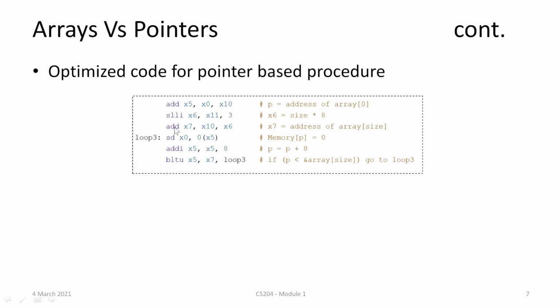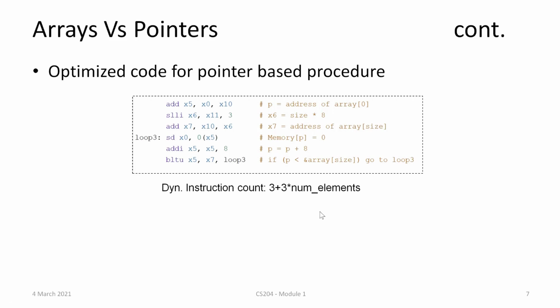Once it's calculated, we assign 0 to the element pointed to by p, and we increment p, and this incremented value of p is compared with the generated address in X7, and we loop back only to the SD instruction.